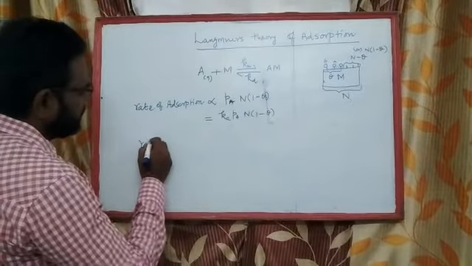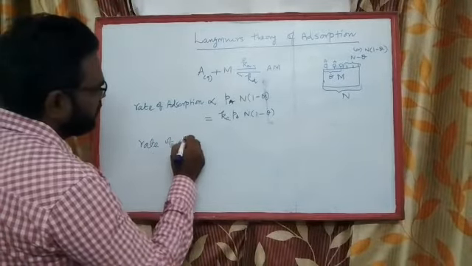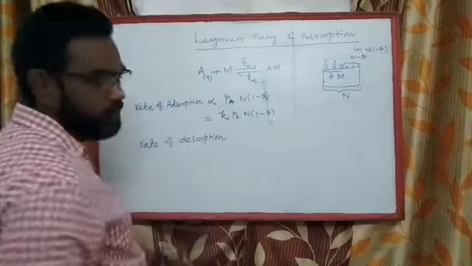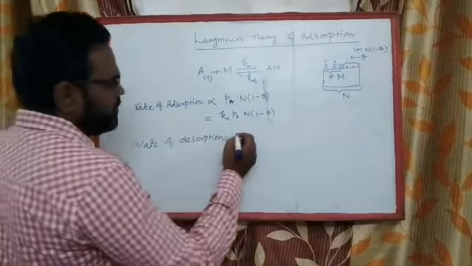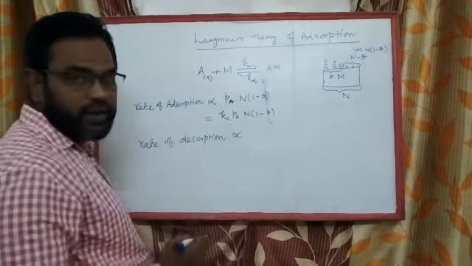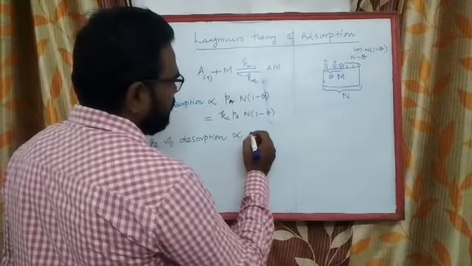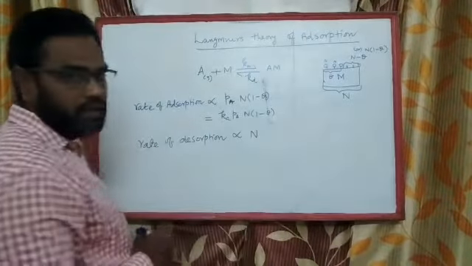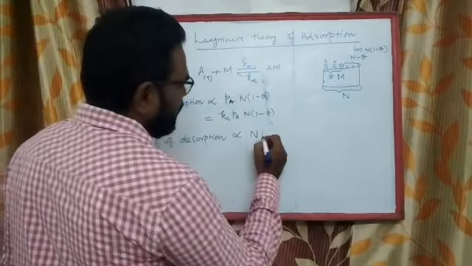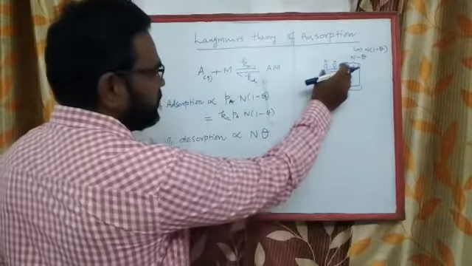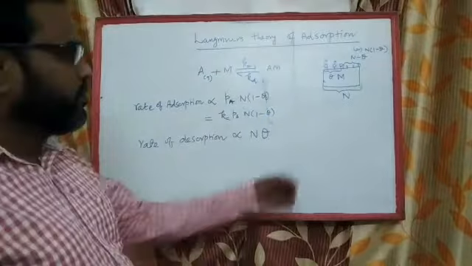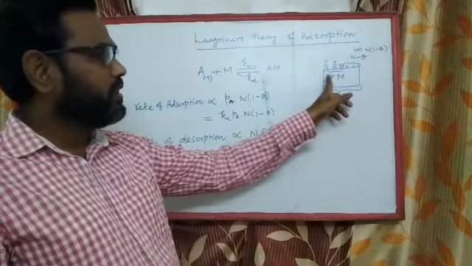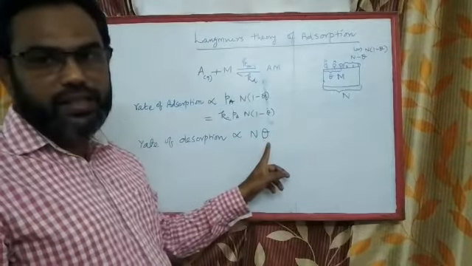So now let us see the rate of desorption. The rate of desorption depends on factors like the number of molecules that are occupied on the surface area which is already adsorbed. The surface area occupied is theta.